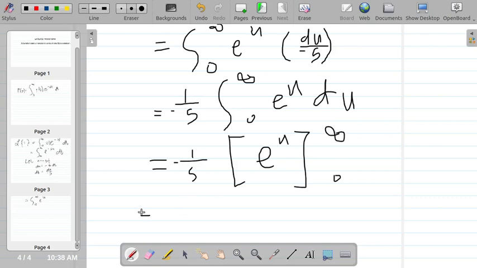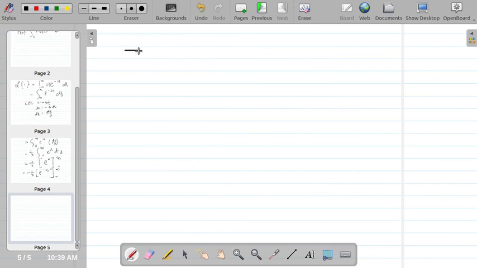We can write this as e to the u, where u is equal to negative st, from 0 to infinity. So next is negative 1 over s.